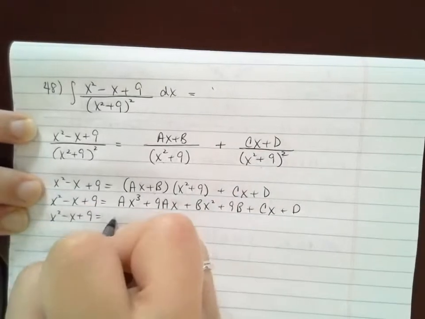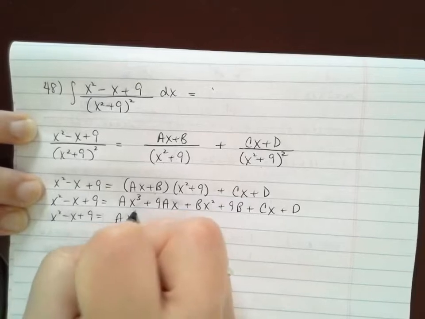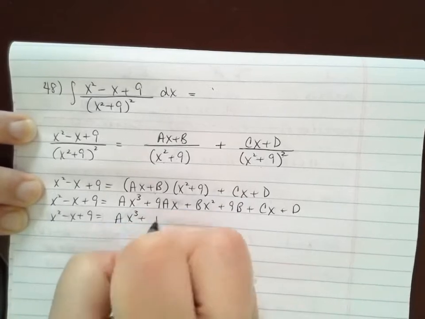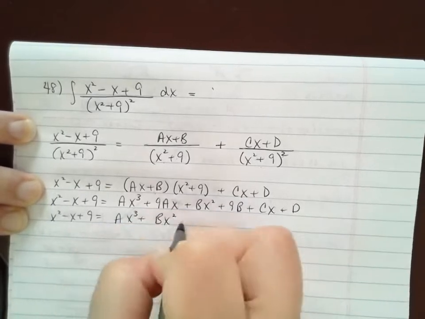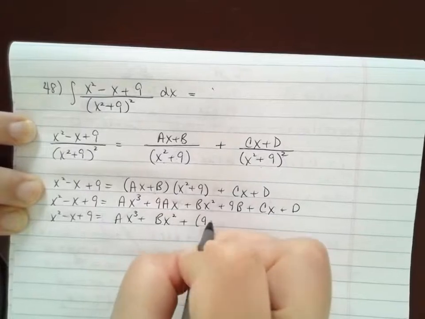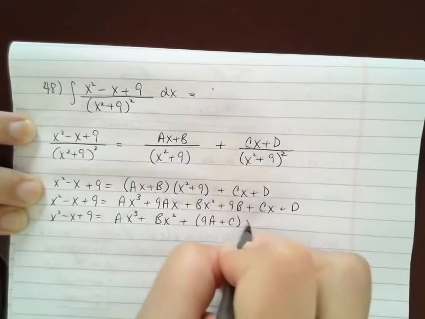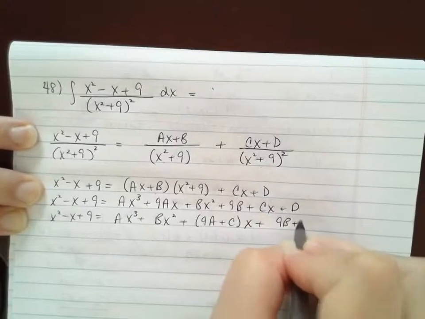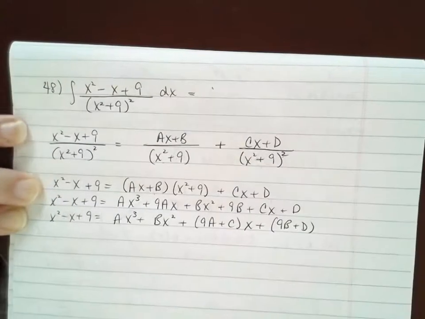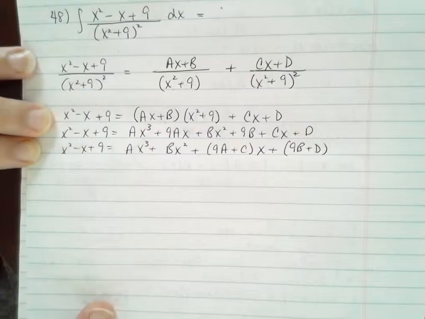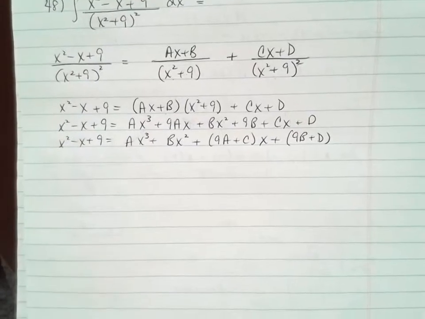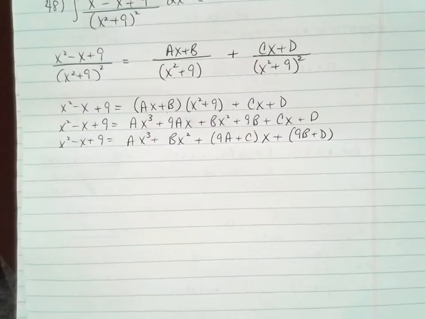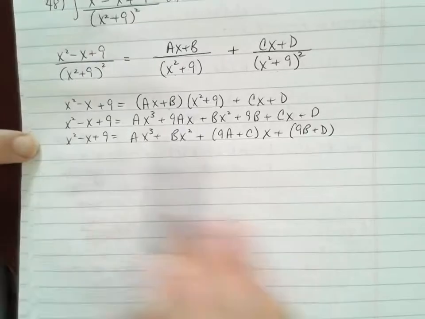That means I've got ax cubed plus bx squared plus the quantity 9a plus c, all tagged with an x, plus 9b plus d, the constant term. So this is another strategy to solving this question. If I write it out this way, then I'm assuming that the coefficients line up.